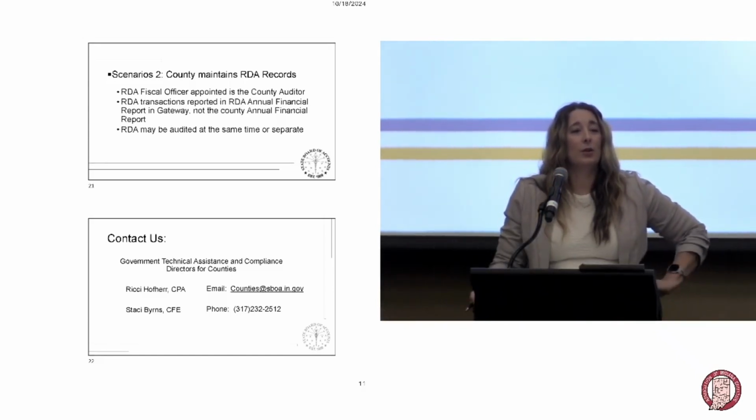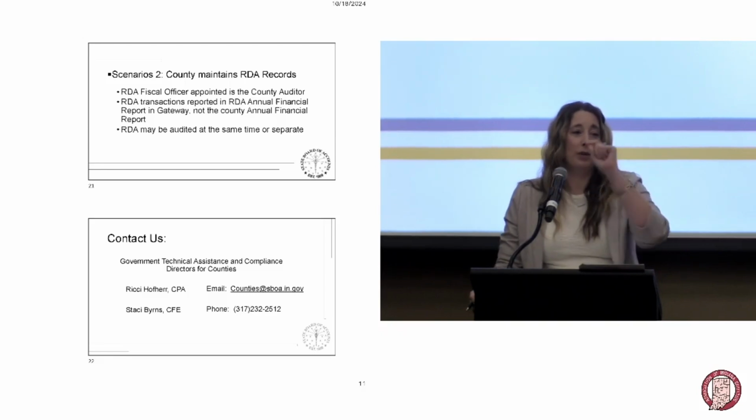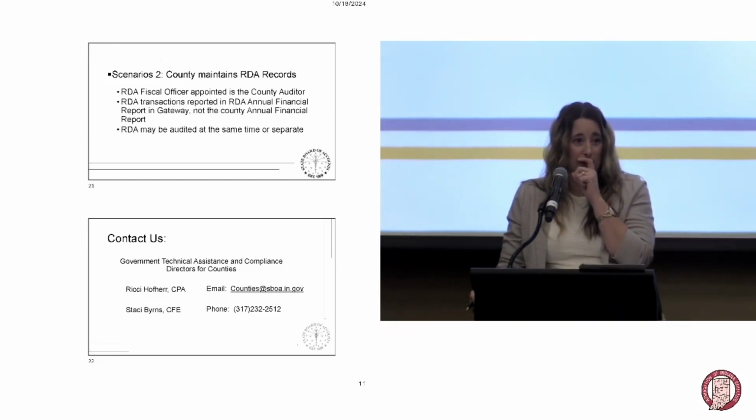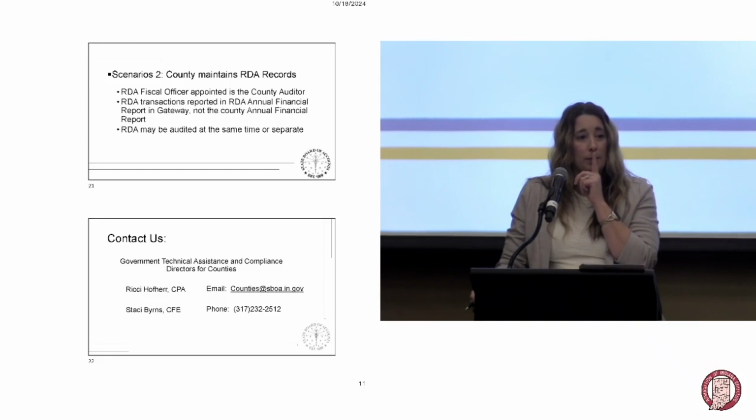Okay. So talk about how you reported it before. I used to just report it in the county. Okay. And then last year when I was audited, that's when they were like, no, you have to do this separate. And then they gave me the option for 21 and 22, but I couldn't get in there to do anything. So I moved everything to 23, but I still reported it in both because there just wasn't a lot of guidance and help.